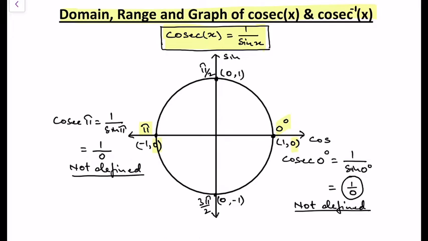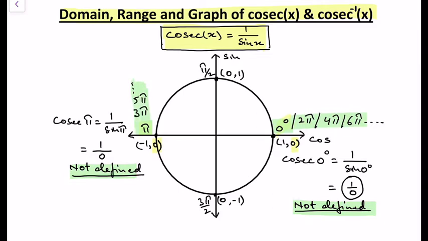So at pi and 0 degree, this function cosec x is not defined. Similarly, it will not be defined at 2 pi, 3 pi, 4 pi, 5 pi, 6 pi and so on.